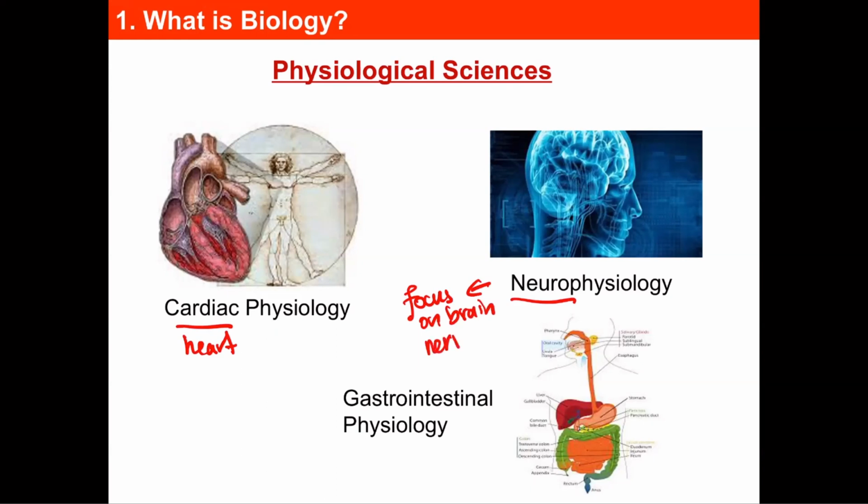All of us have nerves that stem from the brain as well as your spine that conduct electrical signals for you to be able to move and to coordinate your movements, and so on. And finally, gastrointestinal physiology. Of course, there are much more things that we study, but these are just three examples that I've decided to give to you. Gastrointestinal physiology is the study of how your digestive system works.